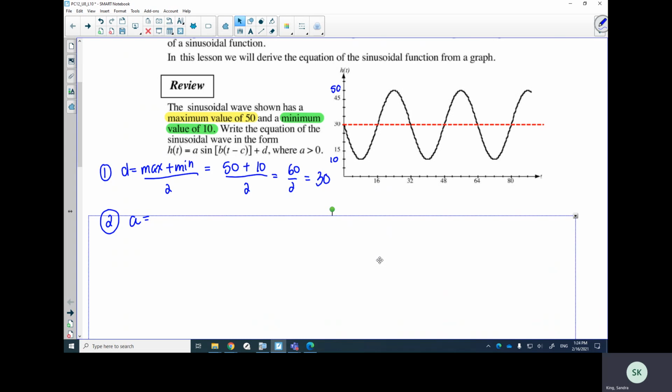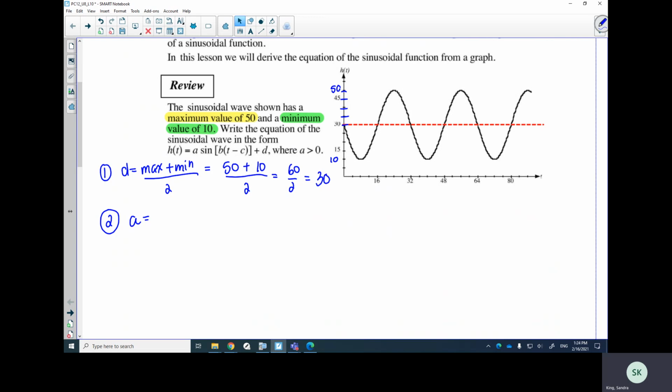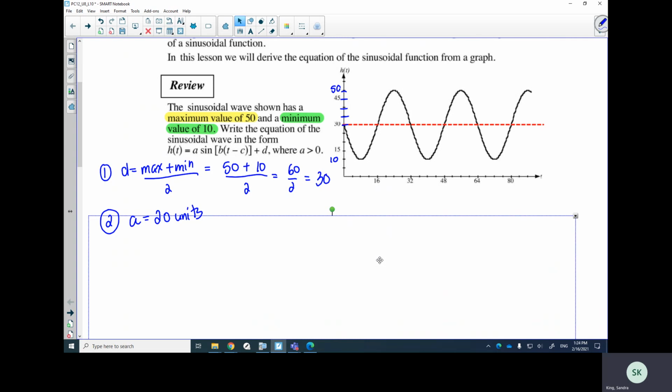From 30, that's going to be 5, 10, 15, 20. So it's going to be 20 units. So now I know my equation. A is 20, and this D value is 30. I found 2 out of my 4 parameters.